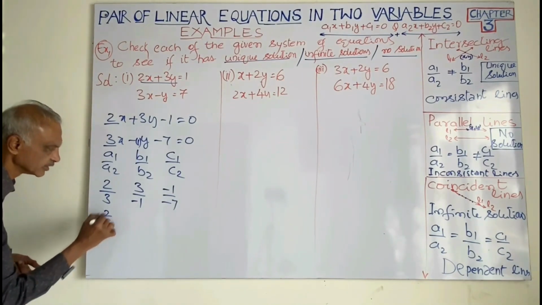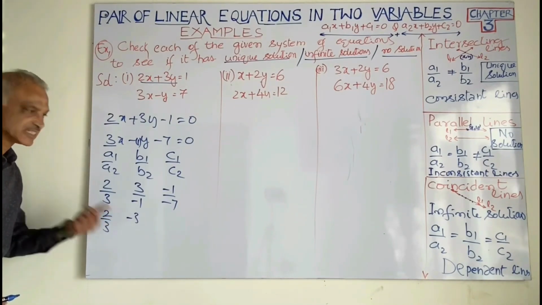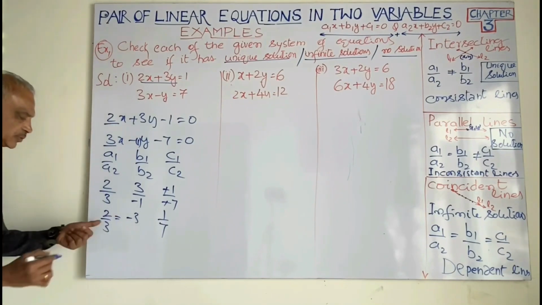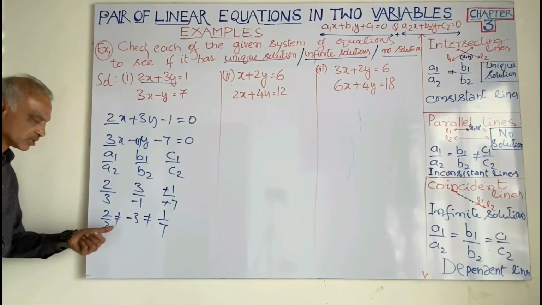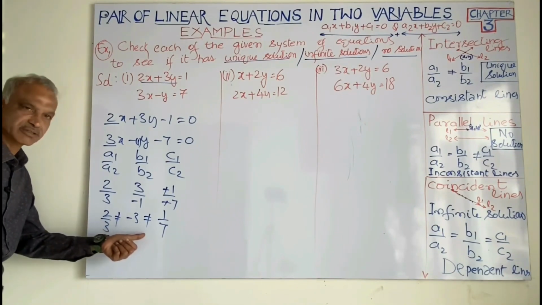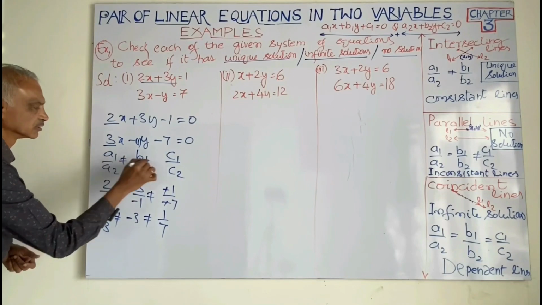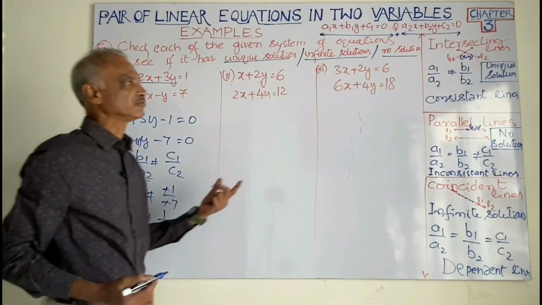2/3 is not equal to -3, and 1/7, they are not equal to each other. a1/a2 is not equal to b1/b2, which is not equal to c1/c2. Check whether a1/a2 is not equal to b1/b2.